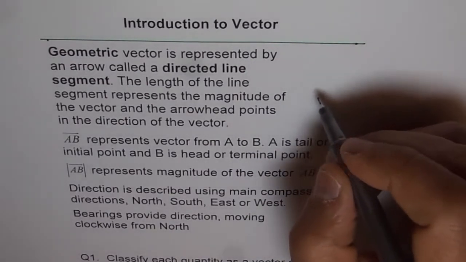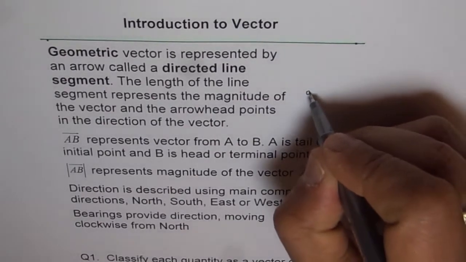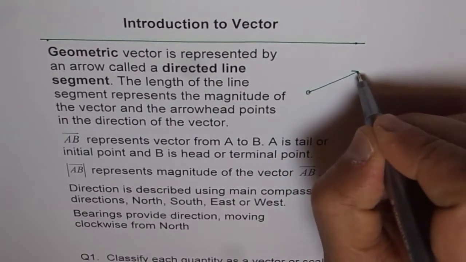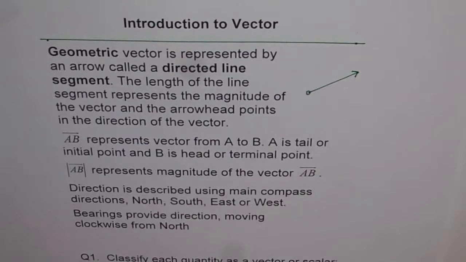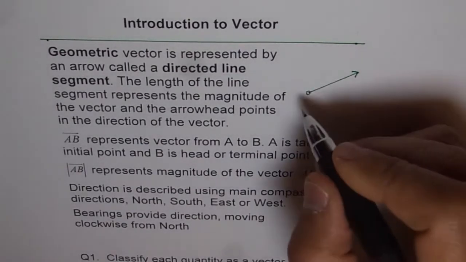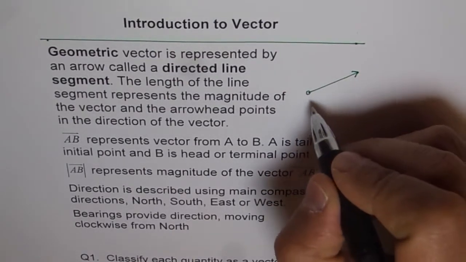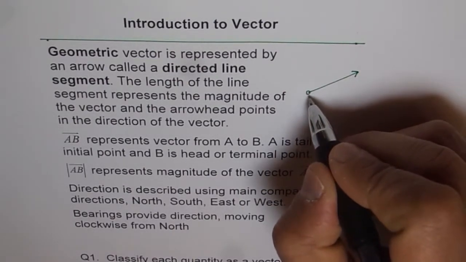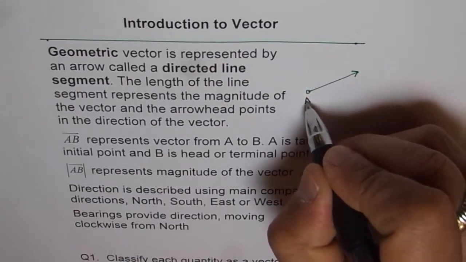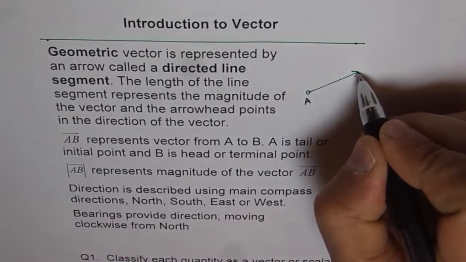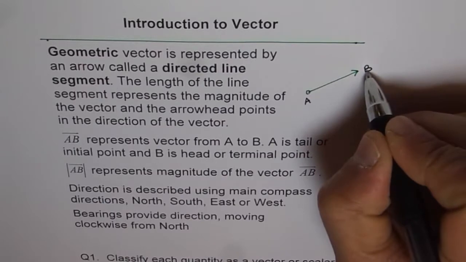So let me just draw an arrow first. Let's say this is my arrow, right? Now we say this is a geometric vector. We can represent this as an arrow which has a starting or initial point, and let's say the initial point is A, and that is the terminal point, and we are calling that B, right?